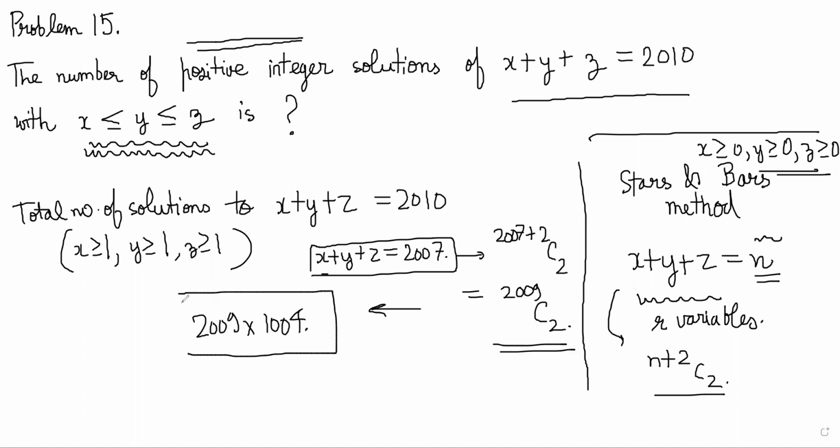These are the total number of positive integer solutions to this equation. Obviously, we don't care about just that case. We have to ensure that x is less than y and y is less than or equal to z. So we'll divide the problem into three cases.